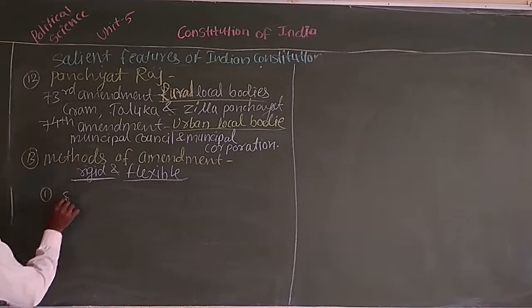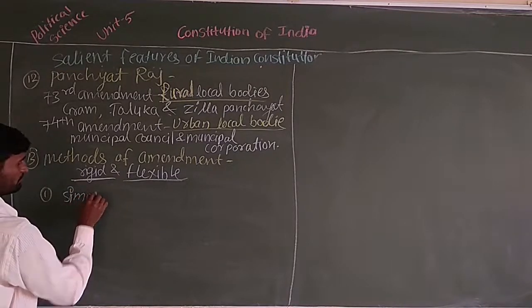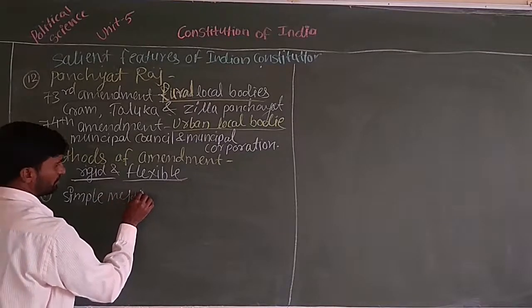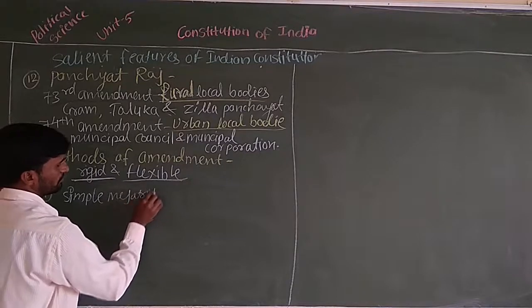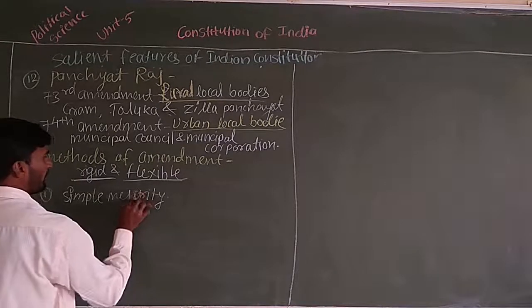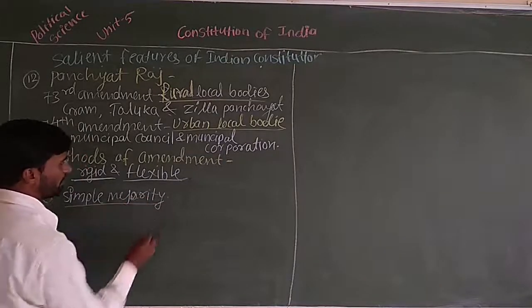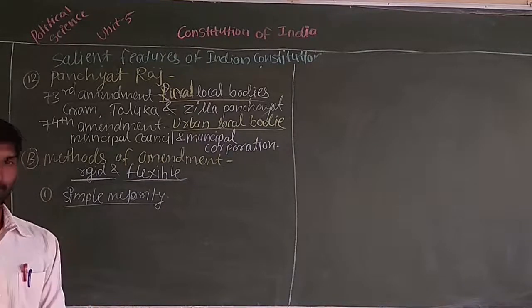Simple majority. Simple majority will be there. As per that, this amendment can be done in the parliament, and that we can see with the simple majority. So the total is 545.